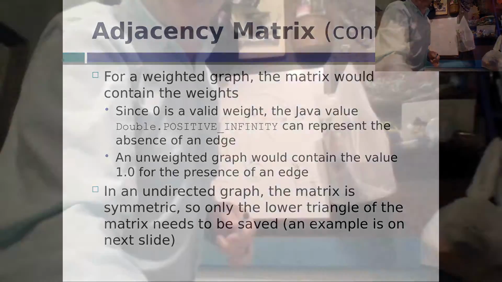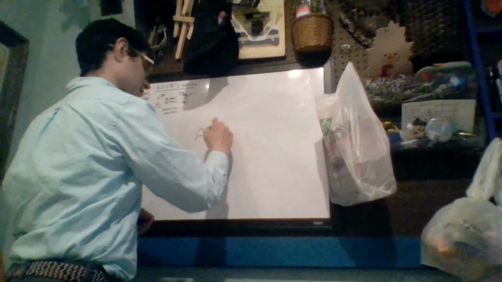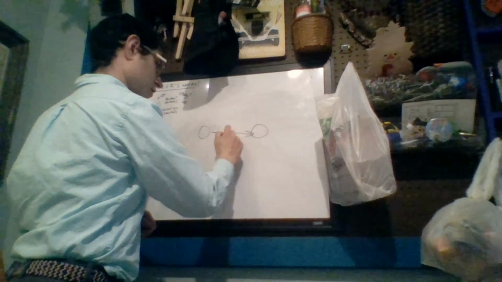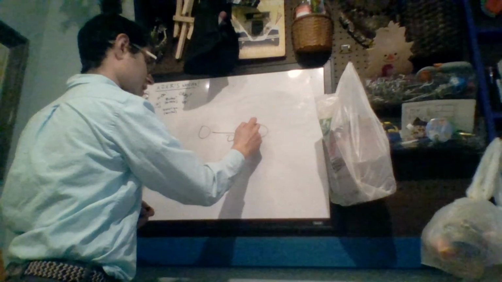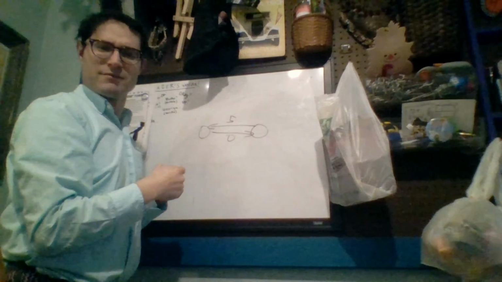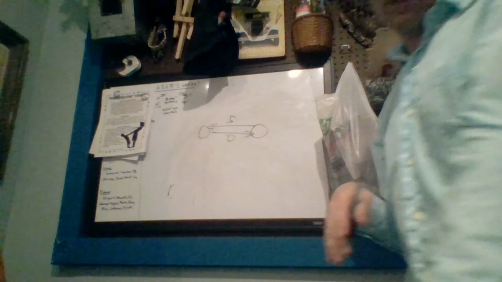Well, let's take a look at another example where that might be. Suppose we have the Benjamin Franklin Bridge from Philadelphia to Camden. It costs no money to get to Camden. It costs $5 to get back from Camden to Philadelphia. So that's an example of 0 being a valid weight in a directed graph.